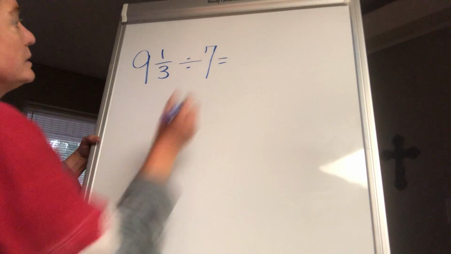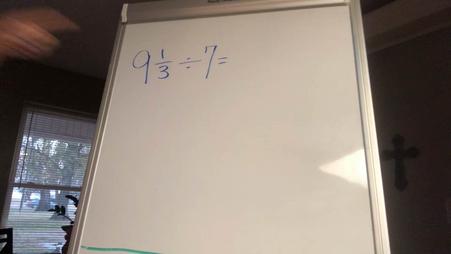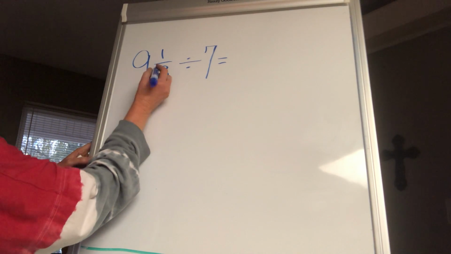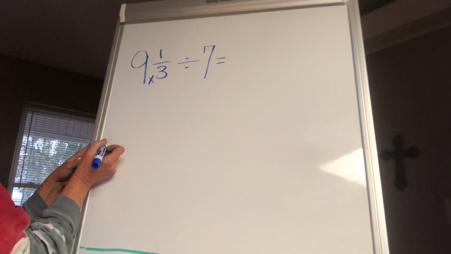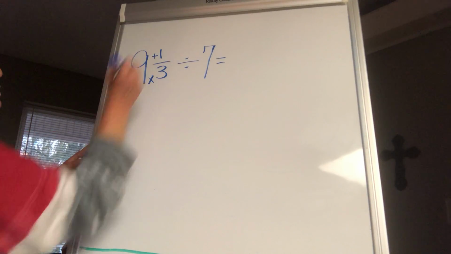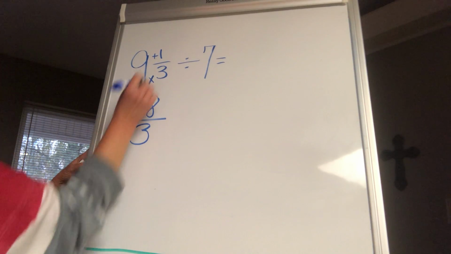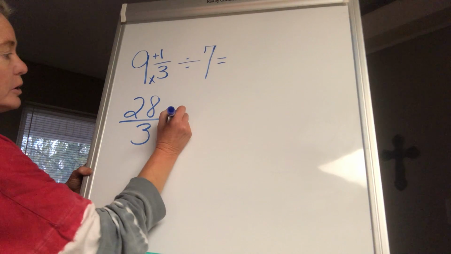Okay, we have one of these mixed numbers again, and we already know it's easier to just go ahead and turn that into an improper fraction. So 3 times 9 is 27 plus 1. So we know that that's the same as 28 over 3 because we were working in thirds.